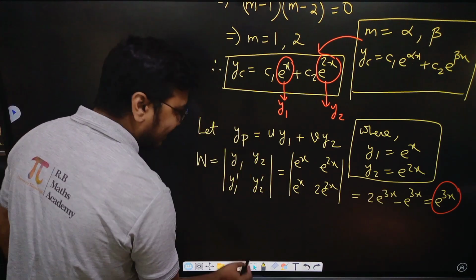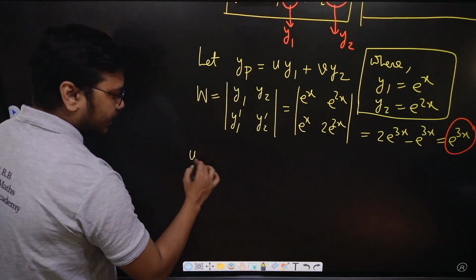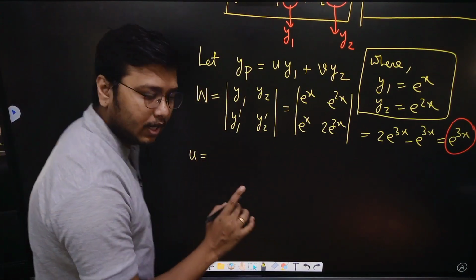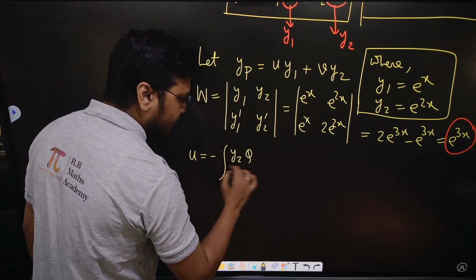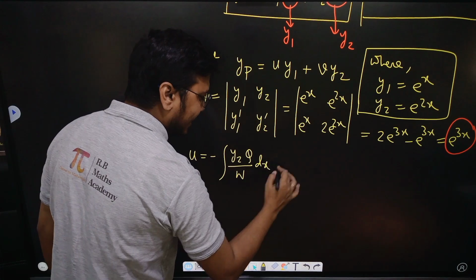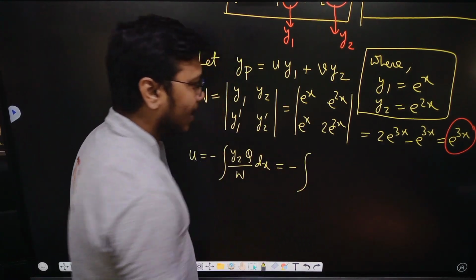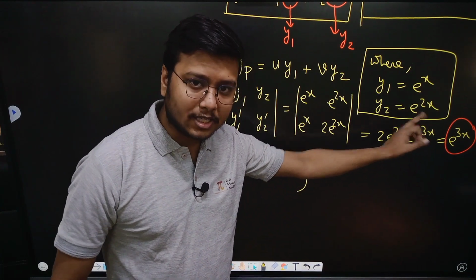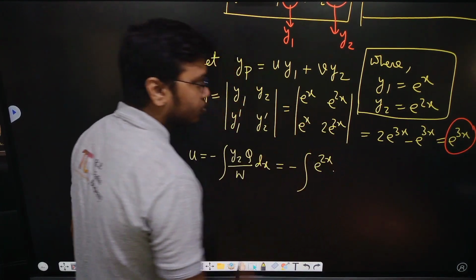So now let's go into the integrations to find out u and v. u is given by the formula which I had stated right before, minus the integral of y2 times q by W dx. So my y2 is e to the power 2x, into q.